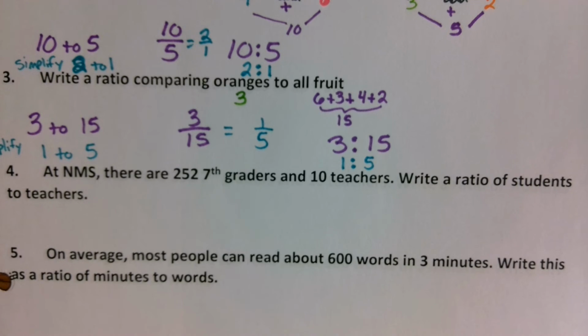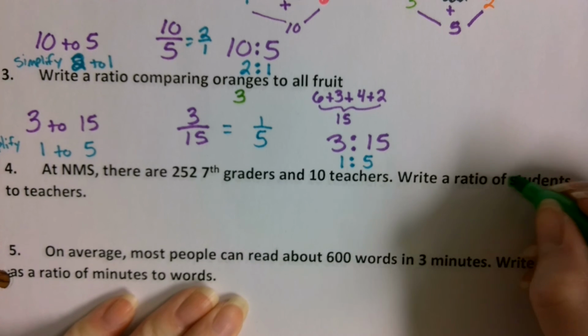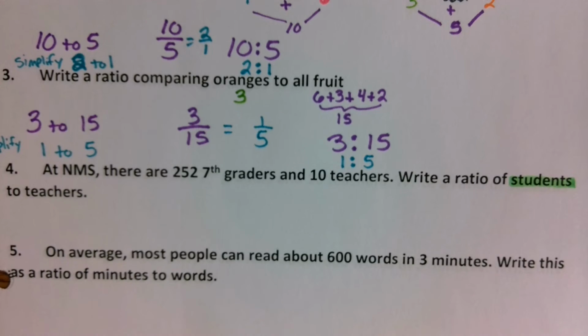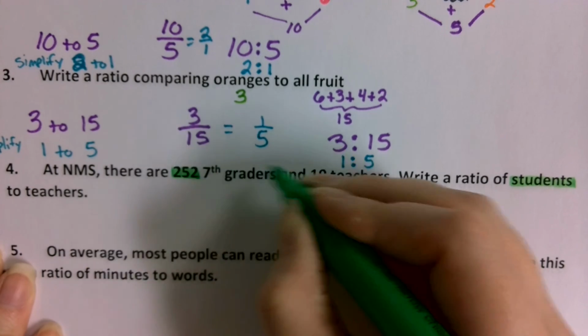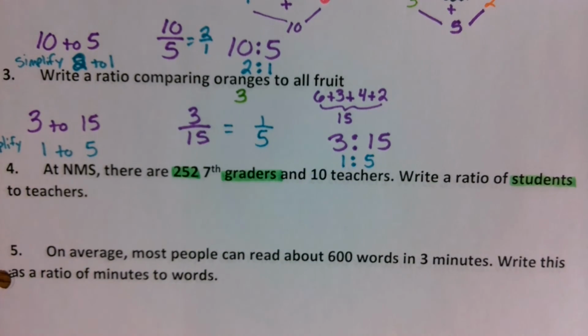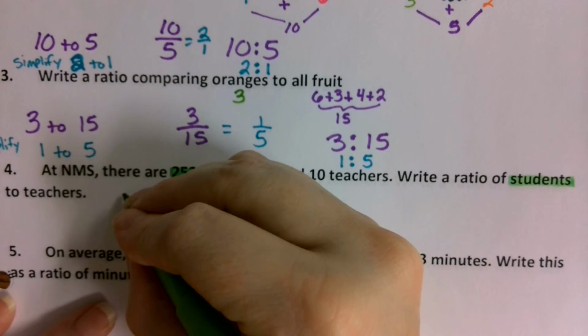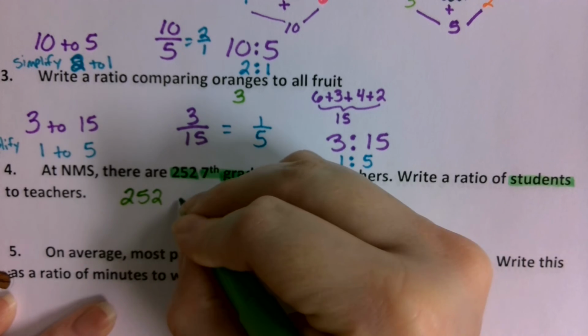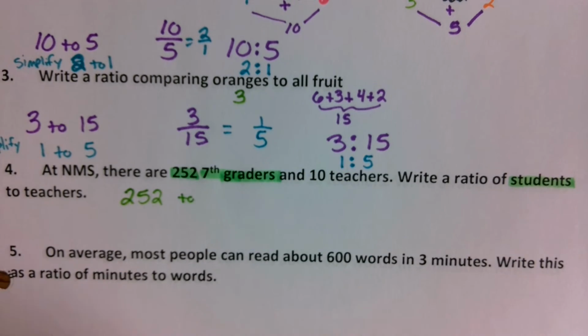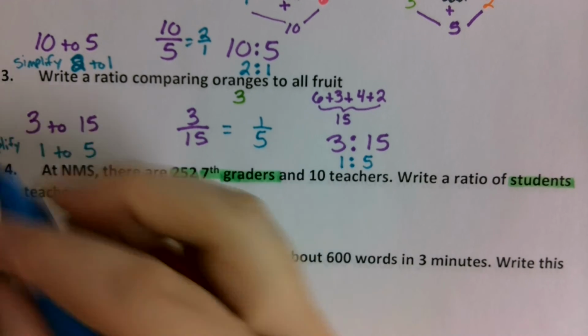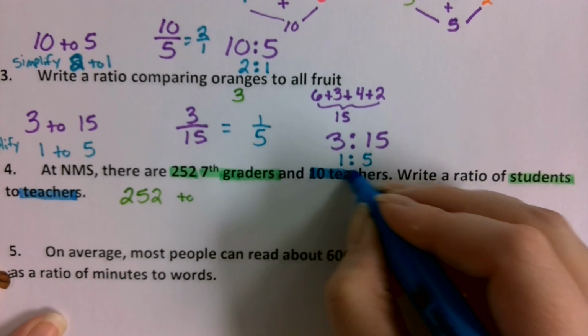Good. We need to write the students first. Teachers is going to be written second, and there happen to be 10 teachers.